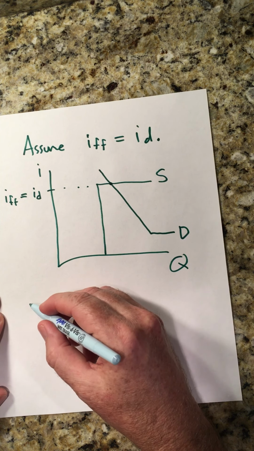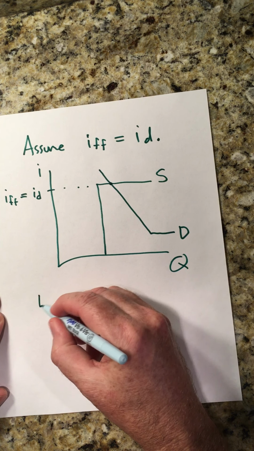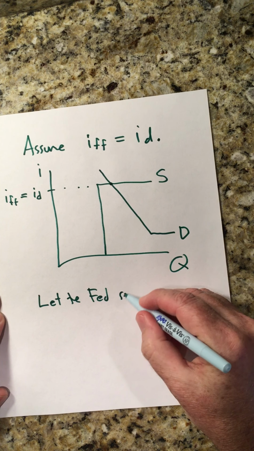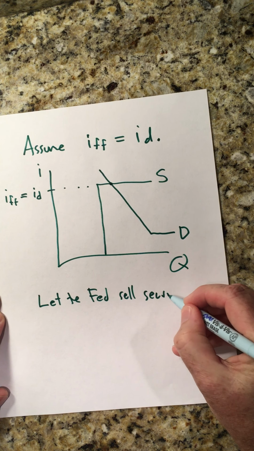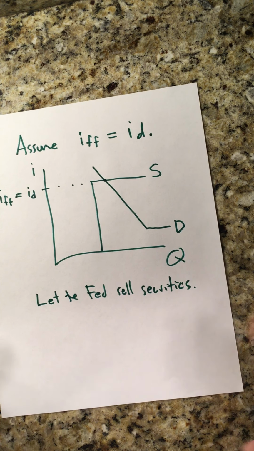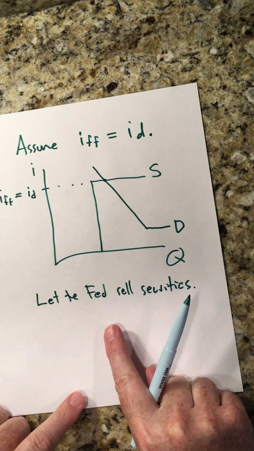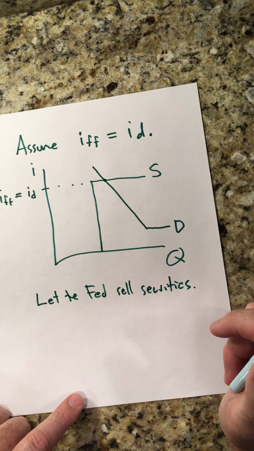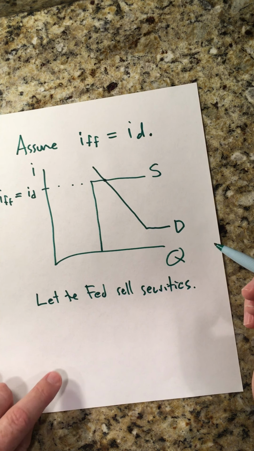So look what happens next. Say, for example, we do what we did a minute ago. Say let the Fed sell securities. So as we said, if the Fed sells securities, this is an open market operation, the securities leave the Fed and go to the commercial banks. The commercial banks pay the Fed with reserves. So that means reserves leave the economy. That is, the amount of reserves is going to go down.